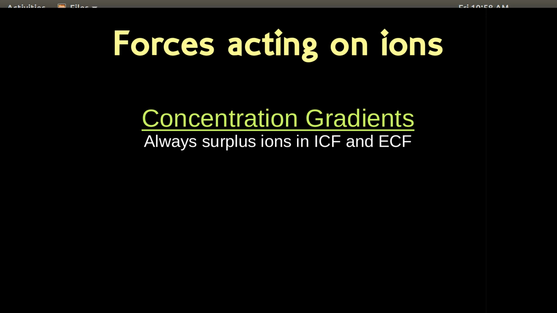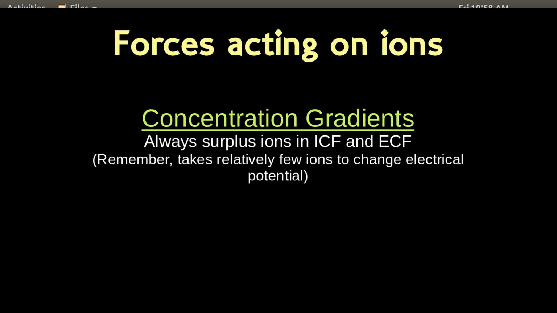However, let's just play this out. So just remember, relatively few ions, and the other part here is, it doesn't take that many ions changing sites to change the electrical potential across the membrane, especially compared to what it takes to change the concentration gradient. So we have this huge surplus, and it takes tiny amounts to change the electrical potential.